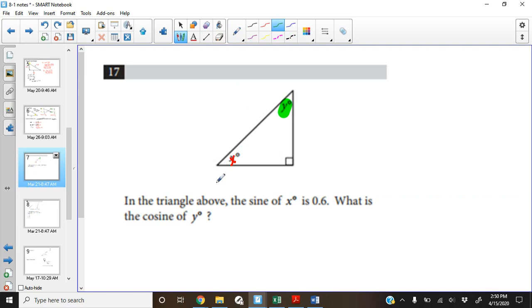So they give you sine x equals 0.6, and they want us to find cosine of y equals question mark. Well, we know x and y are complementary, and we know that sine and cosine are cofunctions, so we know that sine of x is going to equal cosine of y. Sine of x equals cosine of y, so therefore cosine of y is also 0.6.